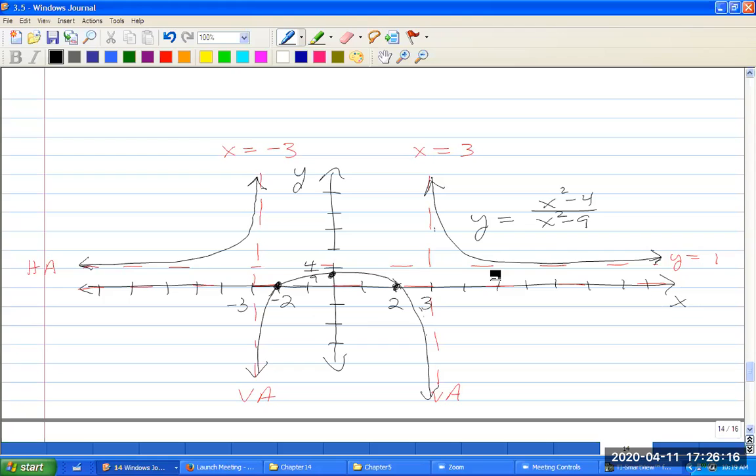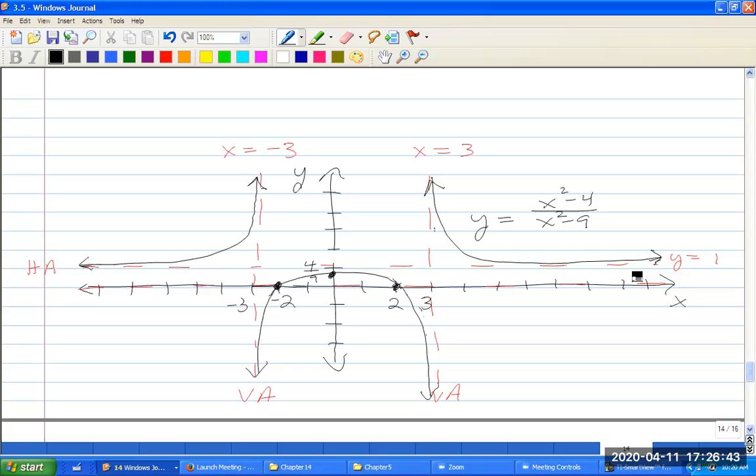We can't approach 3 by going below the x-axis, because if we did, we'd be crossing the x-axis. So therefore, we must be above the x-axis, approaching plus or minus 3, and y equals 1. So the graph should look something like this.